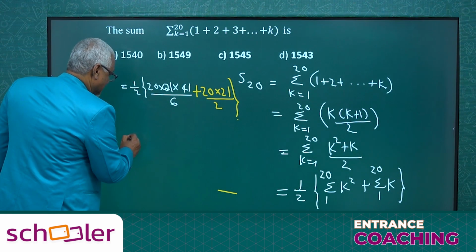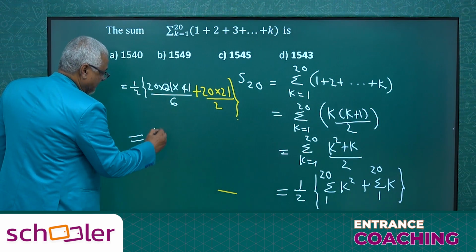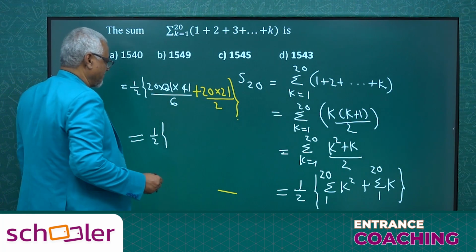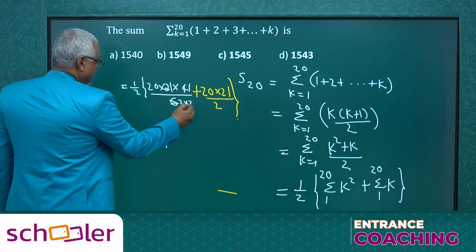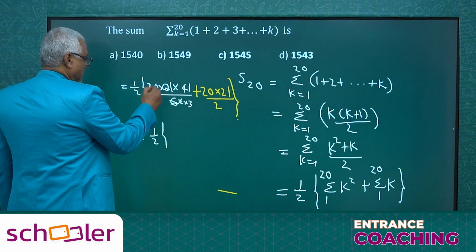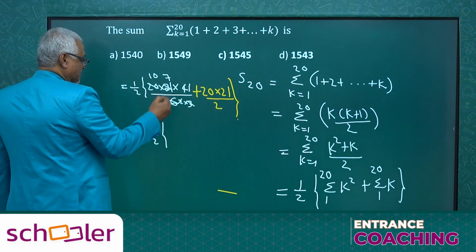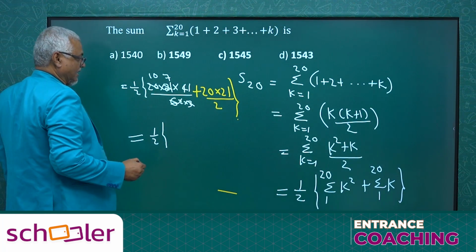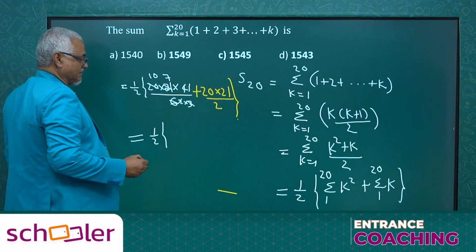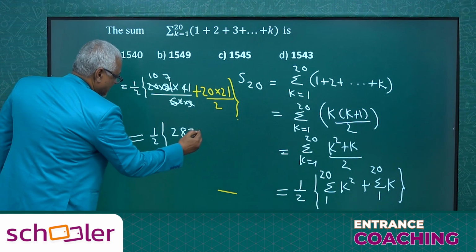What is the answer? This is equal to 1 by 2 times, and this 6 you can write as 2 into 3. 2 in 20, 10 times. 3 in 21, 7 times. 41 into 7 is 287, since 1 into 7 is 7 and 4 into 7 is 28. 287 into 10 is 2870.